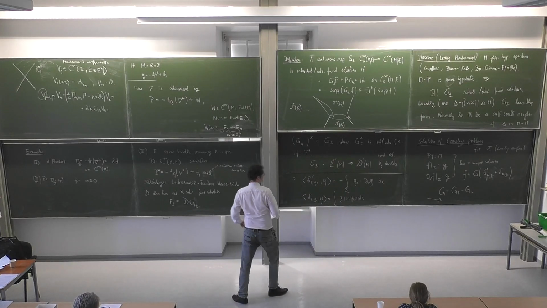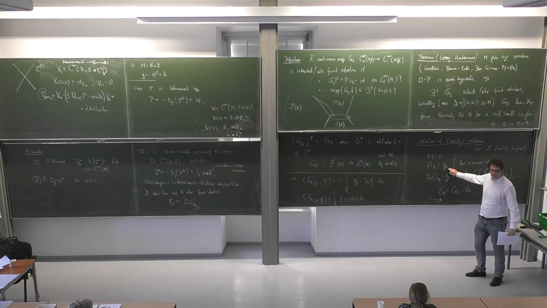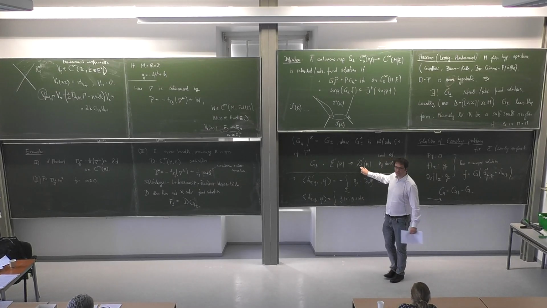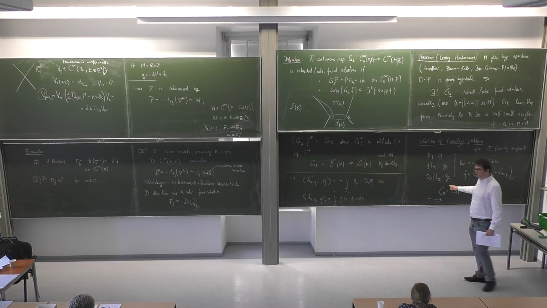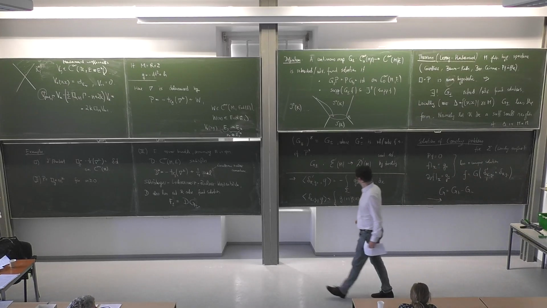Because f and g, I didn't say what function spaces they're in, let's say they are compactly supported smooth functions, so these will be in E dash, so because of this duality argument, I get a distributional solution, but then the statement is this distributional solution is actually a smooth solution, and it solves this Cauchy problem.